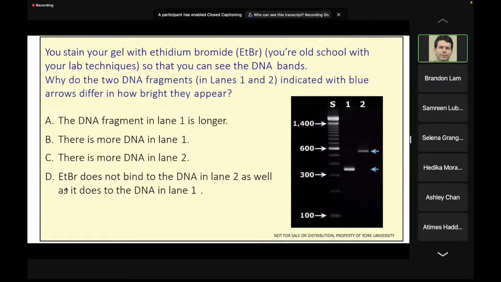Why do you see two fragments in lanes 1 and 2, indicated with blue arrows, that differ in how bright they appear? Why do you see a difference in brightness?